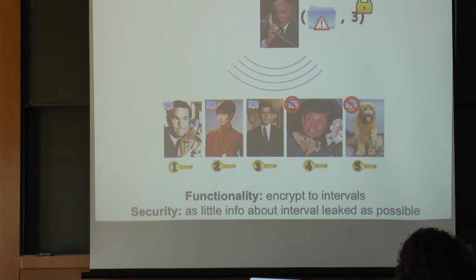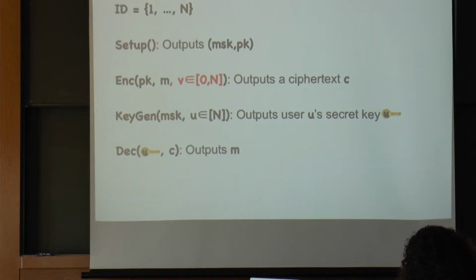Similarly, this guy can't decrypt, so he learns that the interval does not include him. But beyond that, we want no extra information learned about the interval, beyond what is trivially implied by whether or not you can decrypt it. That's important for tracing, this secrecy requirement, yeah.